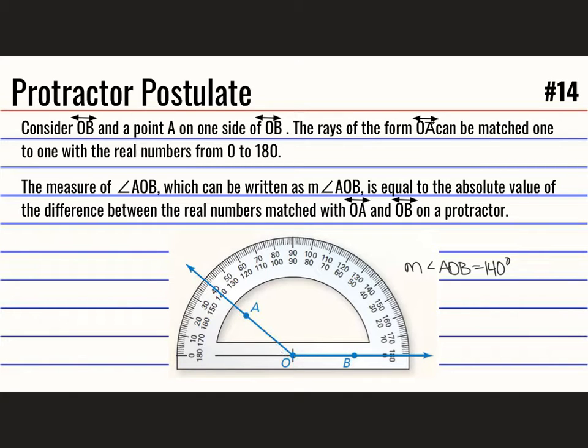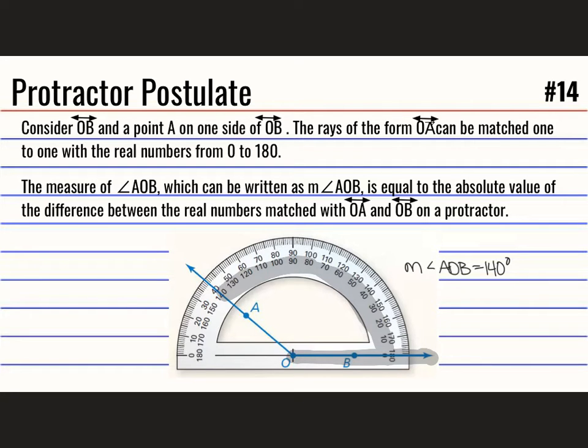Okay, so when I'm looking at my rays, I see that I have this ray, which is a portion of a line that goes over to my right. So this ray is at 0. Okay, and so if we're looking at this ray going to my right, it is at 0. So we will be reading the numbers on the bottom because it will get larger as it goes this way, because it's at 0.